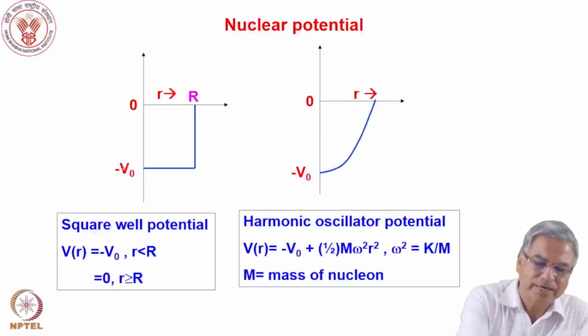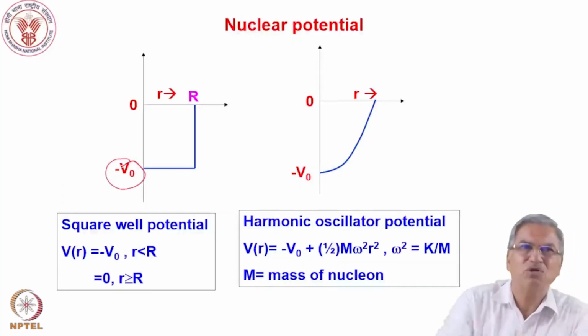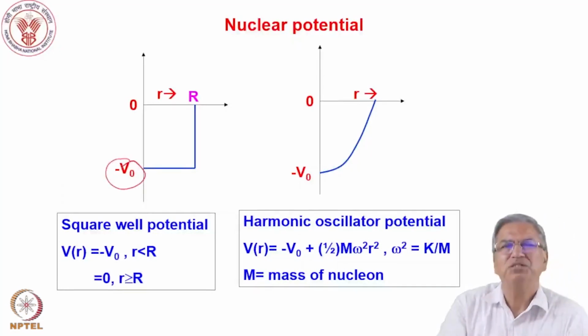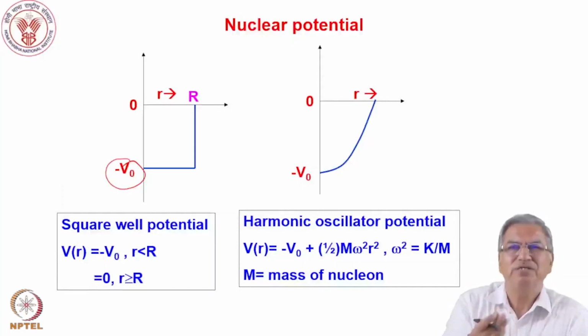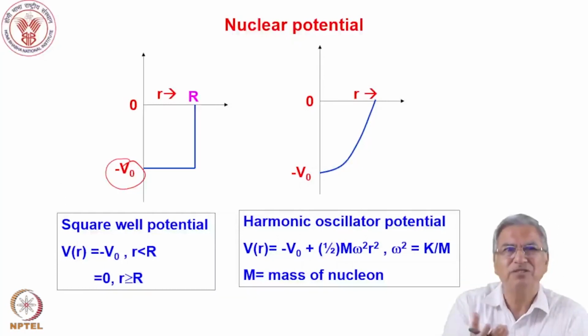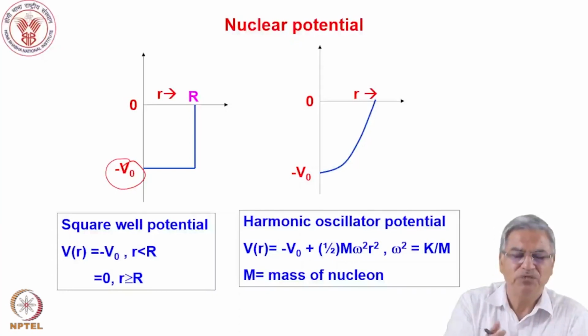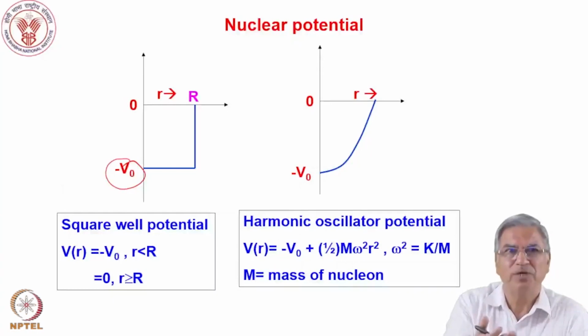You have the attractive potential well having the depth of minus V0. The potential well of the nucleus is of the order of a 30-40 MeV deep potential well, and so when we are solving the Schrodinger equation for a neutron or a proton, you can assume it as a square well.